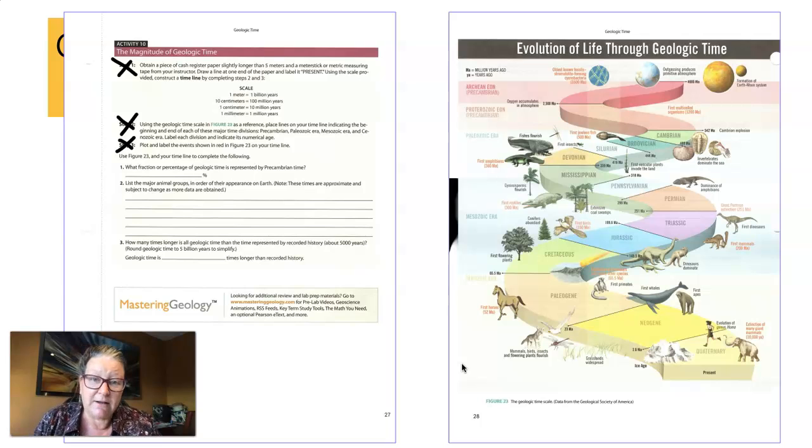And it's a bit challenging, but I don't really see a way that we can do it with you in your home. So we're going to skip that. But you are being expected to do questions 1, 2, 3 on this page.